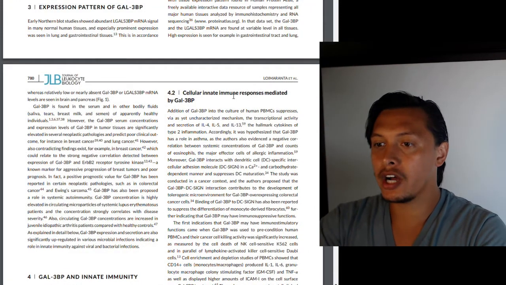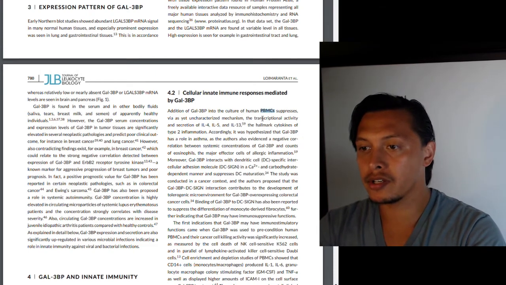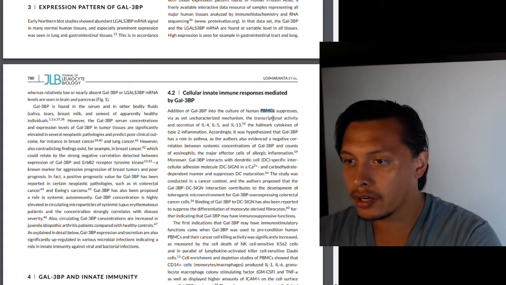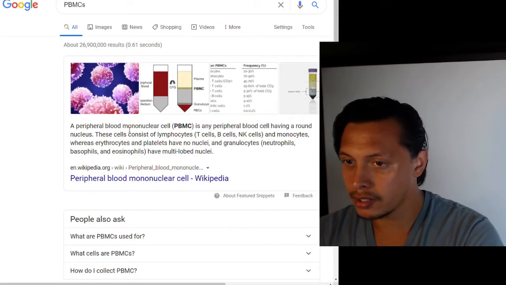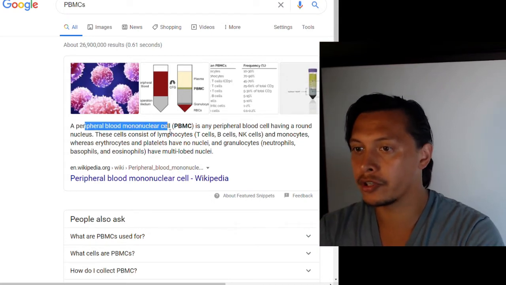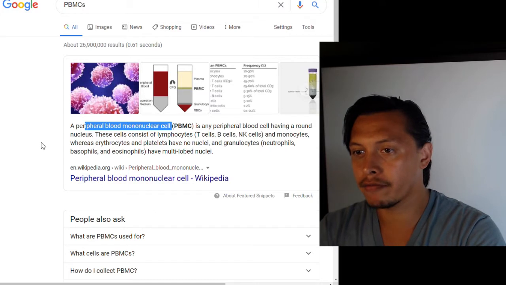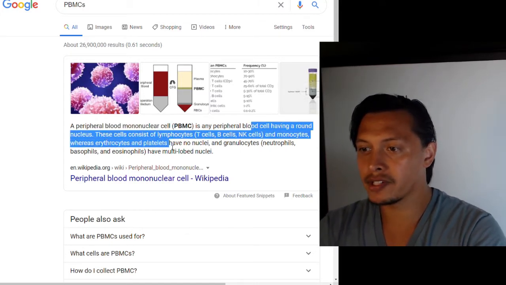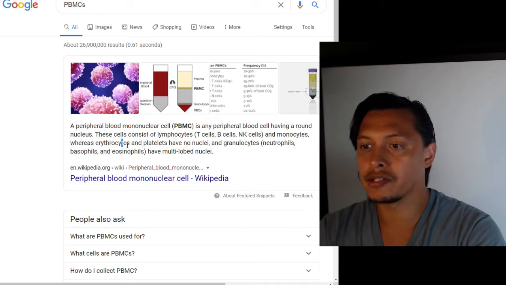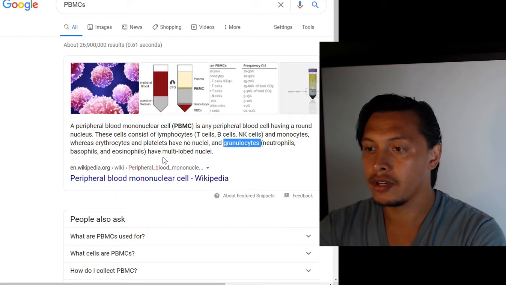So, addition of galectin-3 binding protein into the culture of human PBMCs suppresses. I don't know what PBMCs are. One second. The peripheral blood mononuclear cells. So that is in this particular part of the fraction. These cells consist of the lymphocytes and monocytes, whereas the erythrocytes and platelets have no nuclei, and the granulocytes.